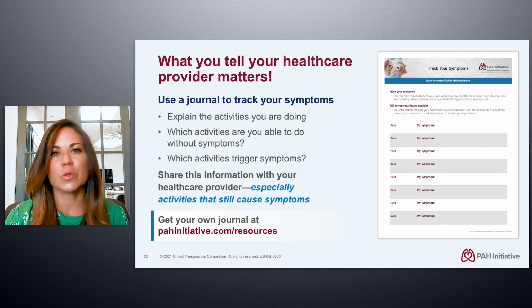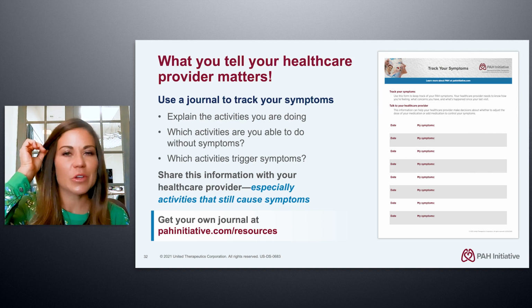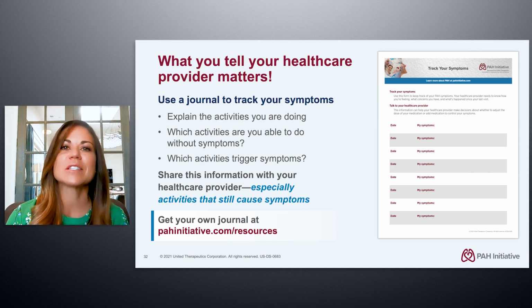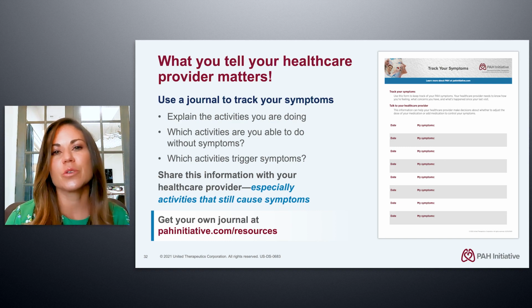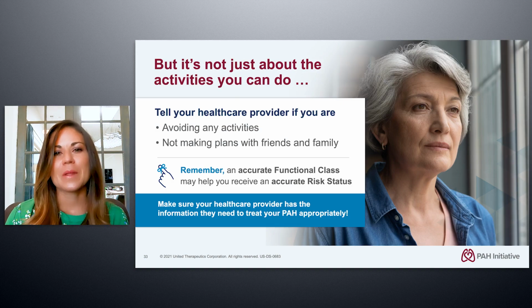So I encourage you to keep a journal or keep track in some manner that works for you, so that when you present to your healthcare provider, you're able to have those conversations and discuss all of your needs. I encourage you to get your own journal at pahinitiatives.com/resources.